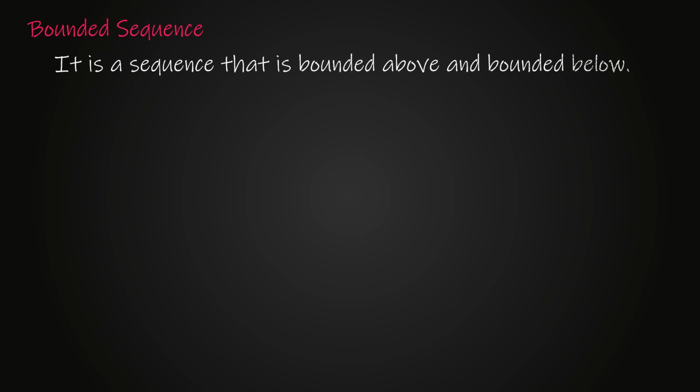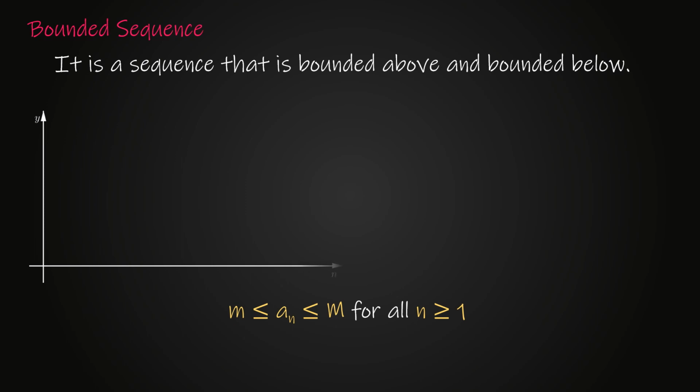Bounded sequence. It is a sequence that is bounded above and bounded below, which means all the terms of the sequence are anywhere from a lower bound to an upper bound. In the first graph, the sequence is bounded and monotonic.